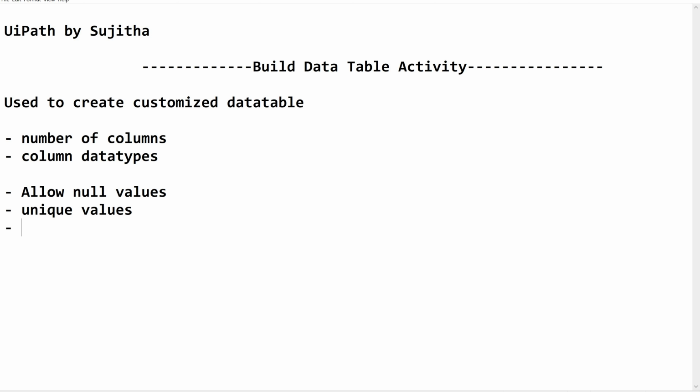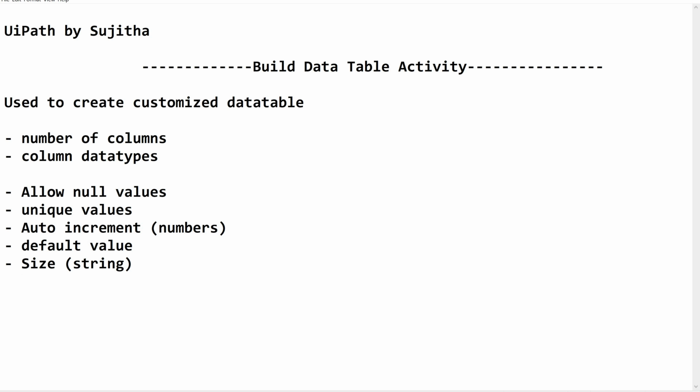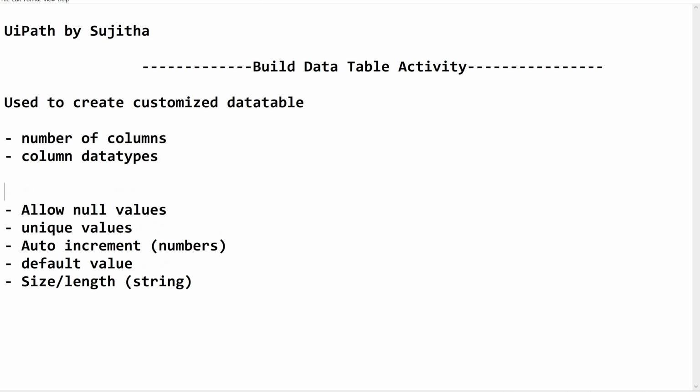Unique values, auto increment if it is numbers, then default value, and then size if it is string, I mean length. So all these we can specify for each column.